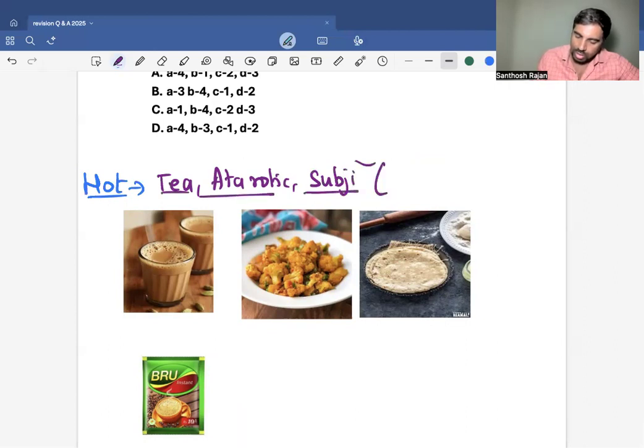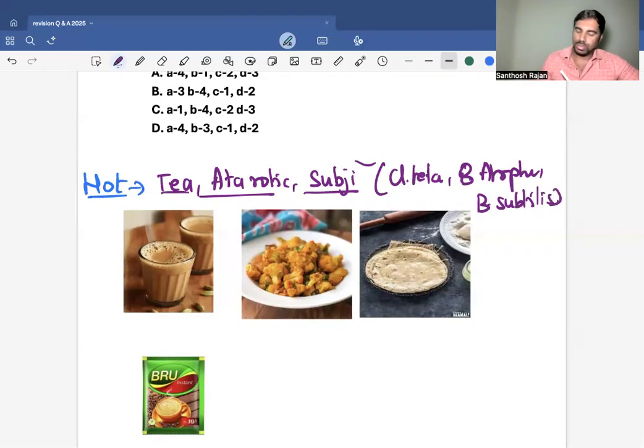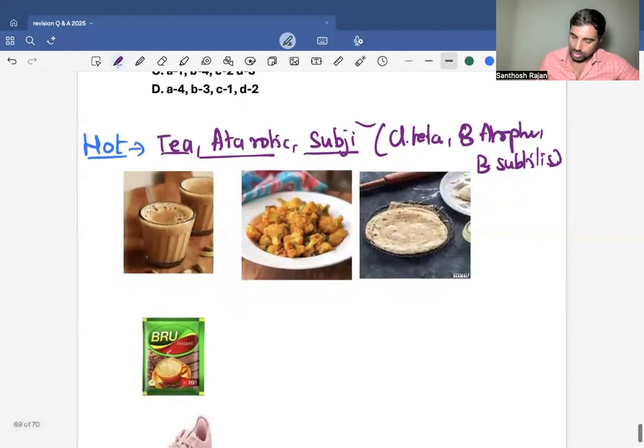That means Clostridium tetani, Bacillus atrophaeus, Bacillus subtilis. Okay, Bacillus subtilis, that's hot.